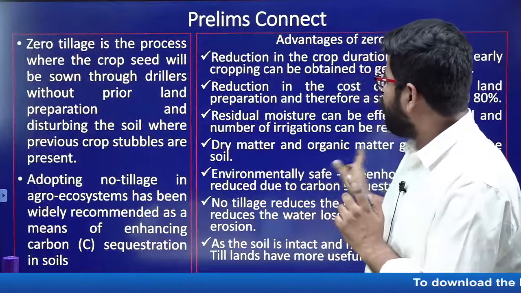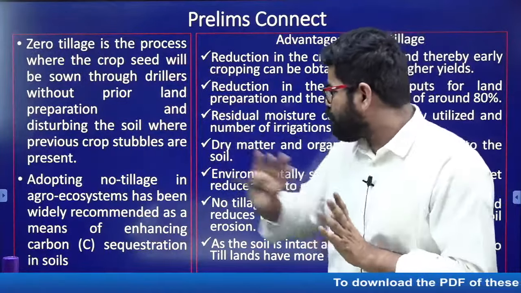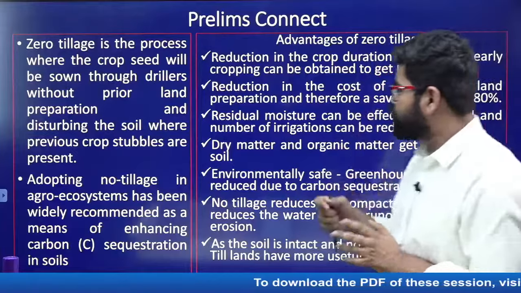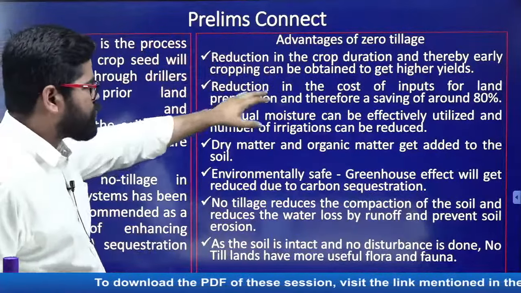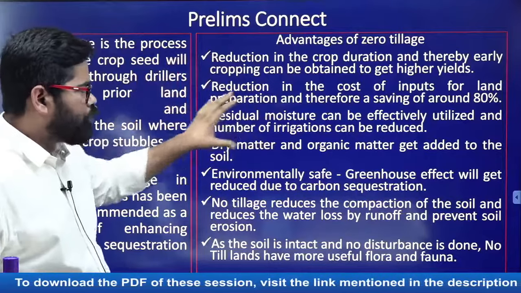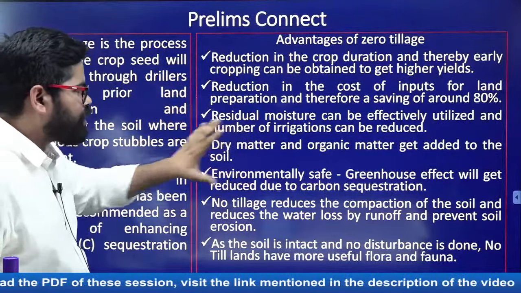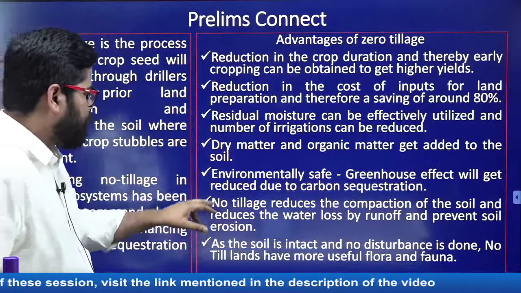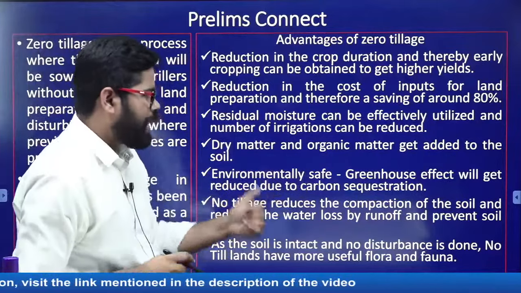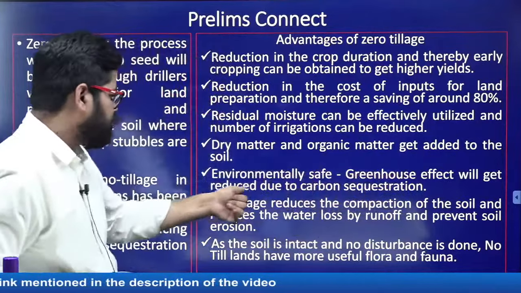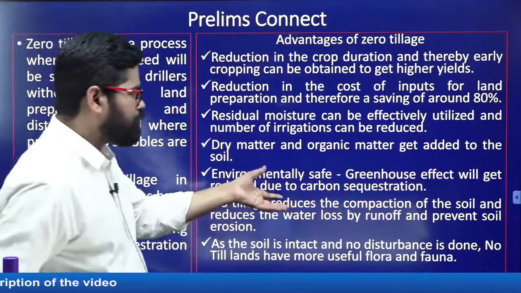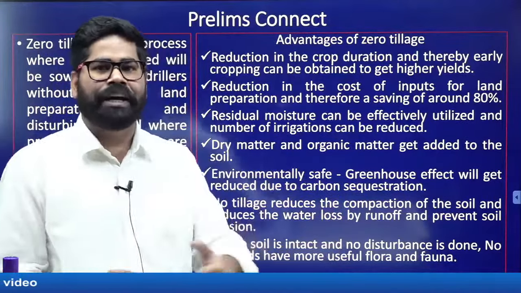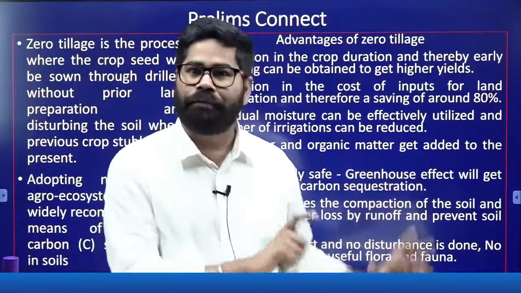Then see this, these are certain advantages of zero tillage. You can see here: reduction in crop duration, reduction in cost of input, residual moisture can be utilized, dry matter and organic matter can be added. Environmentally safe, greenhouse effect will get reduced due to carbon sequestration. This has been given as a benefit of zero tillage by the government itself.